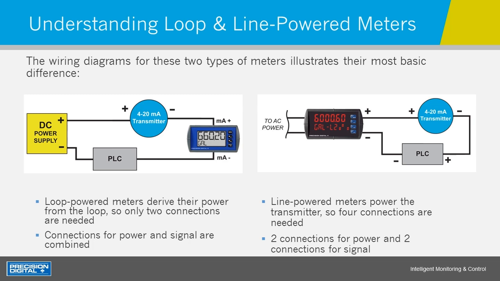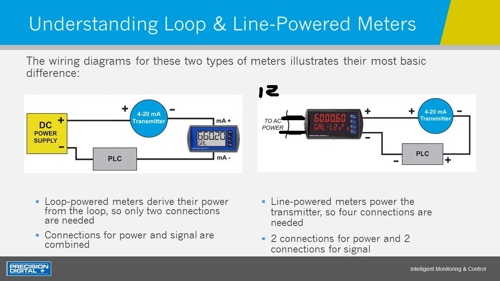Now compare that to a line-powered meter, or sometimes called a 4-wire meter. Those are terms you may also be familiar with. You'll understand in a minute why this is 4-wire, and over here we call this 2-wire. It's obviously called 2-wire because, again, you've just got 2 wires that need to connect to this meter in order for it to function. In the 4-wire meter, like our ProView panel meter here, you've got 2 wires that are necessary to power it.